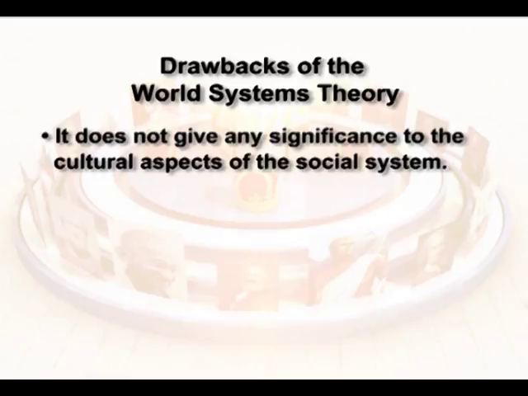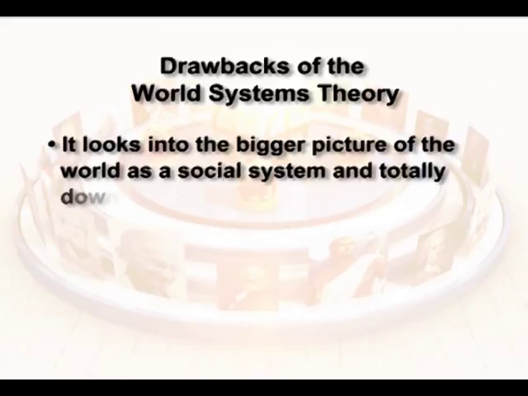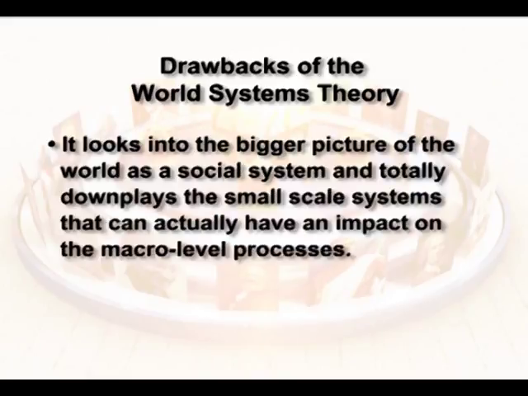World systems theory again downplays the local interaction. It looks into the bigger picture of the world as a social system, and it totally downplays the small-scale systems that can actually have an impact on the macro-level processes.